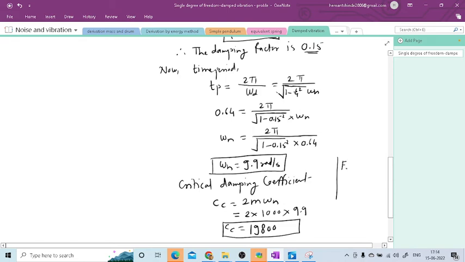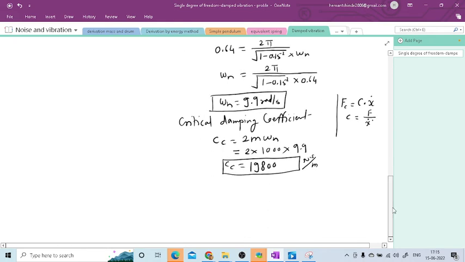The force acted upon by the damping coefficient is C into x dot, that is damping coefficient into velocity. So C is nothing but F divided by x dot. Force is in Newton, velocity is meter per second, so that second will go here. So Newton second per meter.